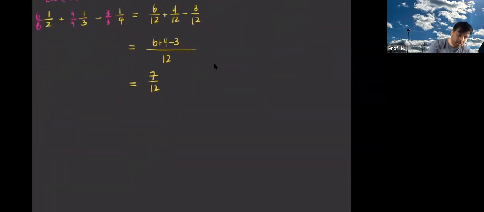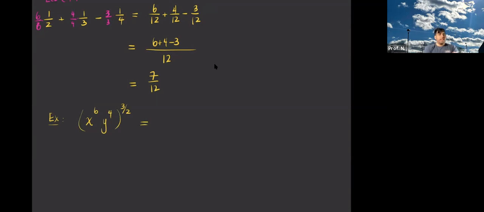Okay. Next example. What if I got something like this? X to the 6, y to the 4th, and I raise that to the 3 halves. What happens here?